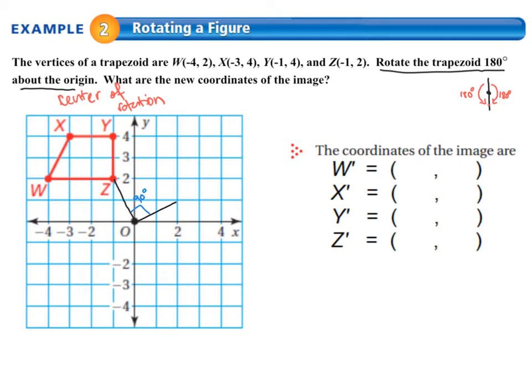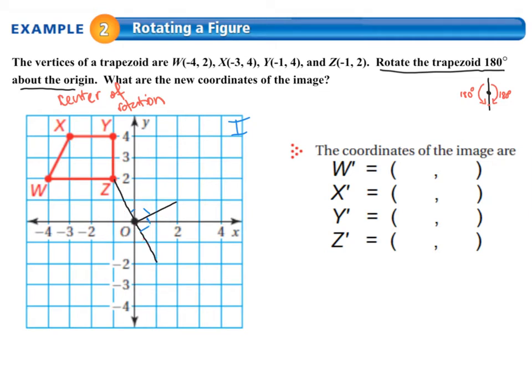If I rotated the line between the origin and Z 90 degrees to the right, it will end up over here in quadrant 1. And that's only a 90-degree rotation. If I keep going and rotate another 90 degrees, that's the same as a 180-degree rotation. You'll notice that the line from Z down here to the origin keeps going. It's just a straight line.